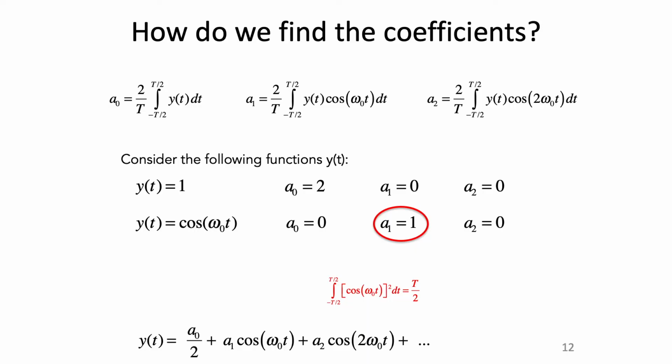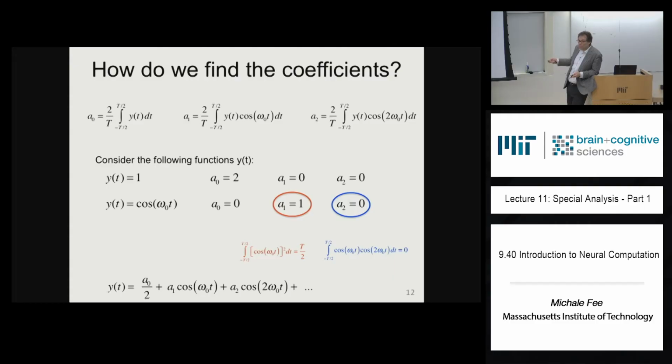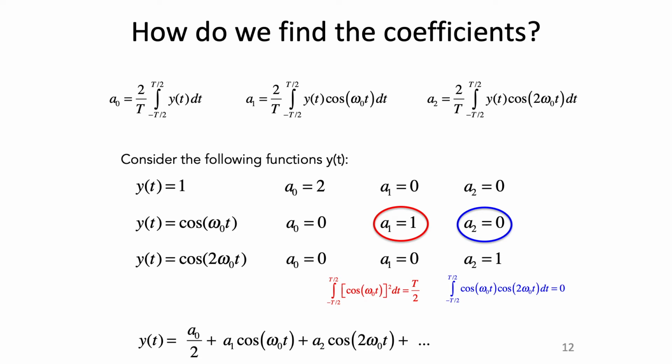When you multiply by 2 over T, you get 1. Okay? And the coefficient a2 for a function cosine omega naught t is 0, because the integral of cosine omega naught t times cosine 2 omega naught t is 0. Okay? All right. If we have a function cosine 2 omega naught t, then these coefficients are 0, and that coefficient is 1.